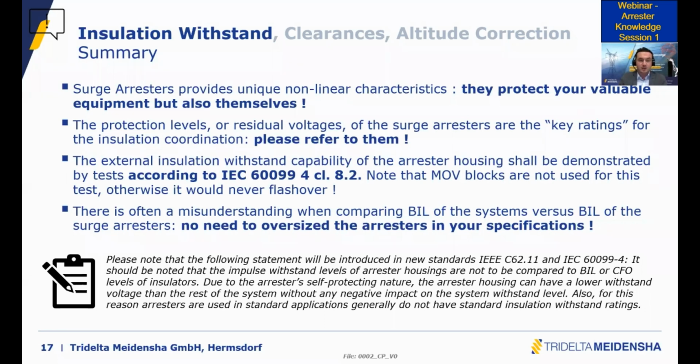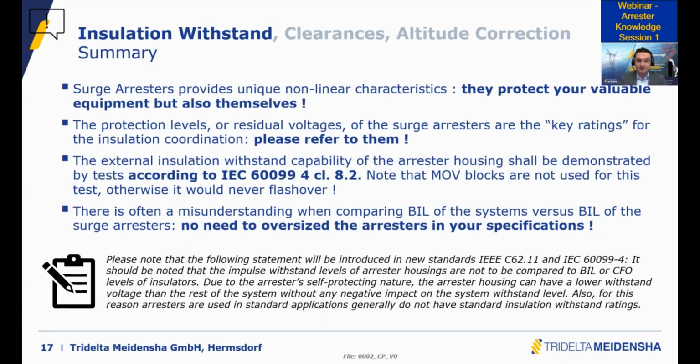And just a note, because this has been a common understanding in the last decades, there will be a statement introduced in the new IEC, but also IEEE standards, that says that it should be noted that the impulse withstand levels of arrester housings are not to be compared to BIL or CFO levels of insulators.